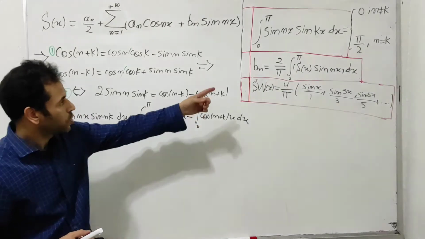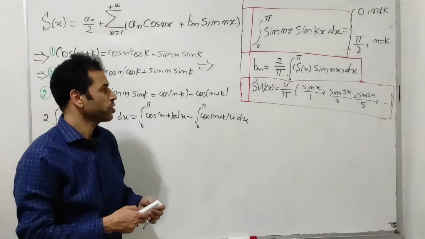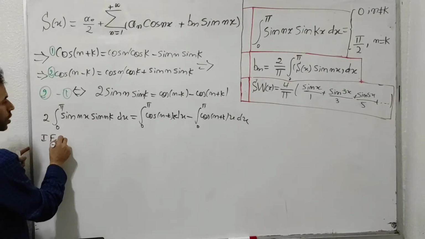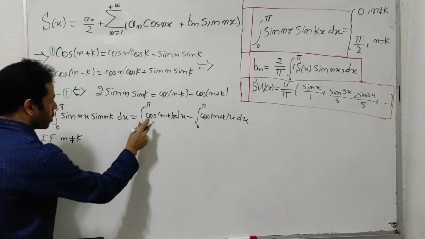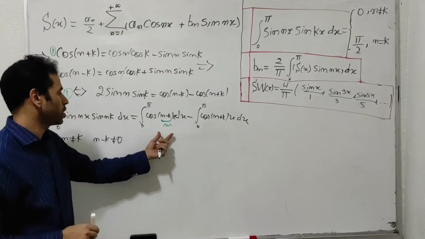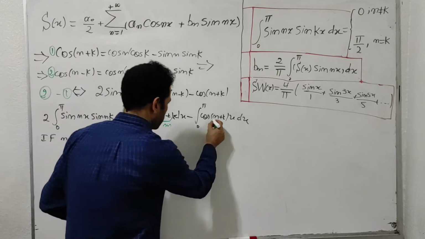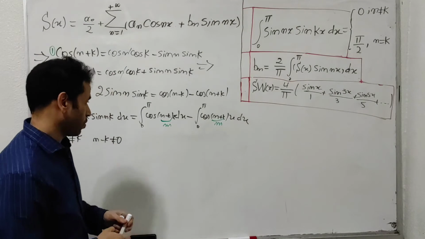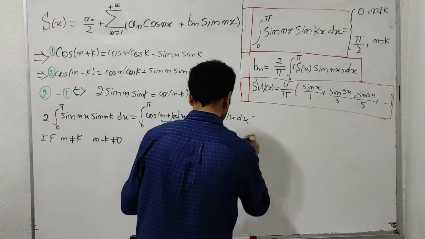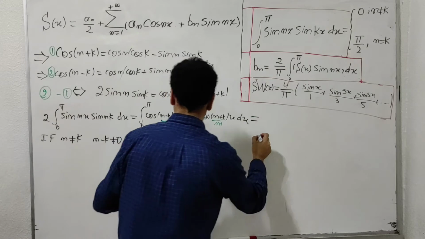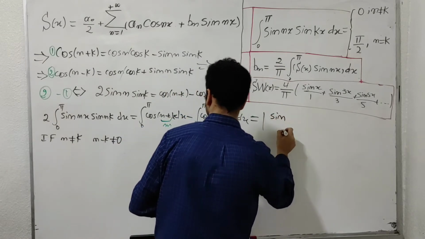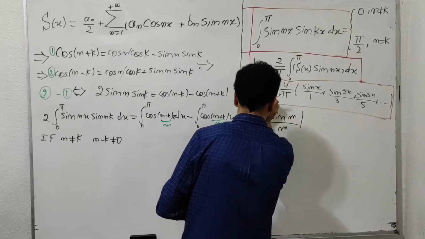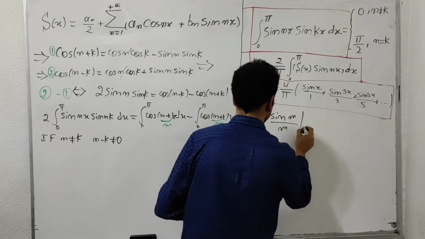Generally, if I integrate this, I will have 2 cases. We said this one is equal to 0 if n is different than k. So I will take 2 cases. If n is different than k, let's take n minus k equal to m as a substitution. It will be the same thing here because both integrals turn into sine functions. For the first integral, I will have sine mx over m, the bound from 0 to pi.